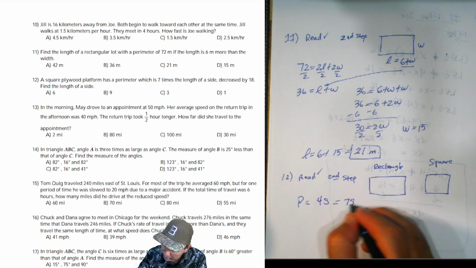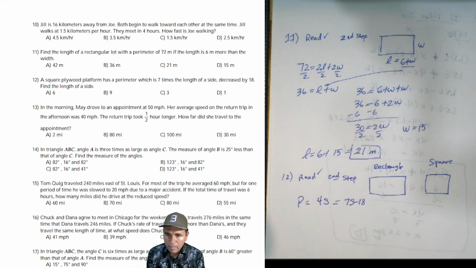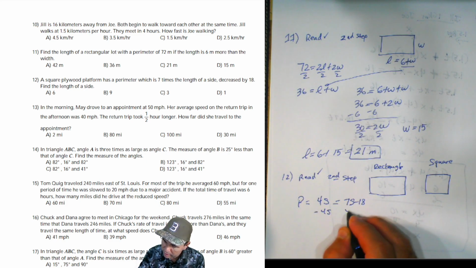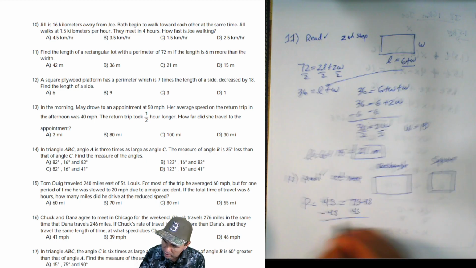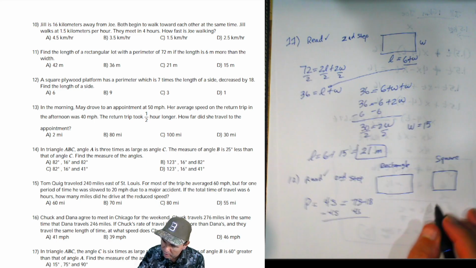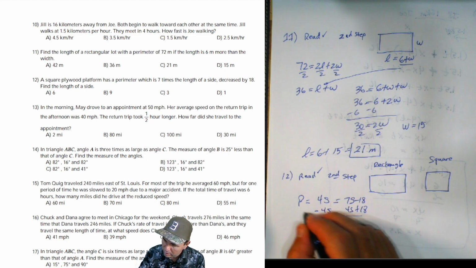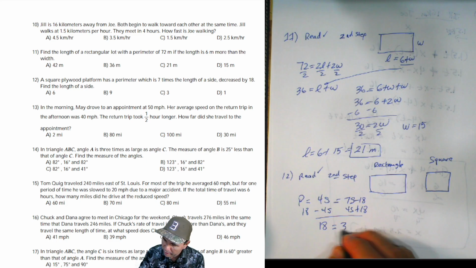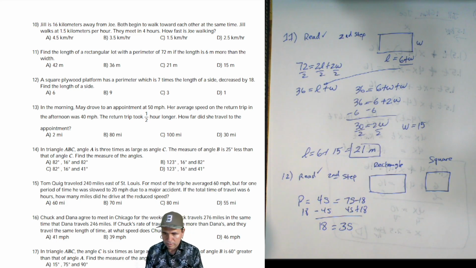So 7S minus 18. Okay, find the length of the side. So I'll let you do the rest. You're supposed to subtract 4S from both sides. Move the 18 to the other side by adding 18 to both sides. And so I got 18 is equal to 3S. And I'll let you finish it.